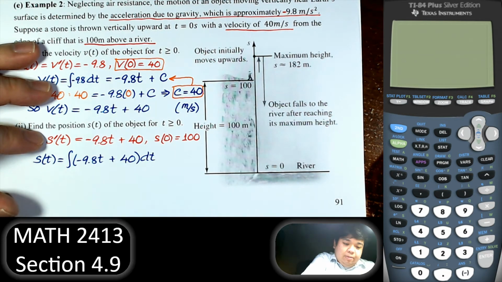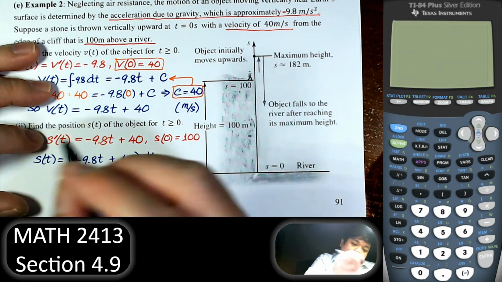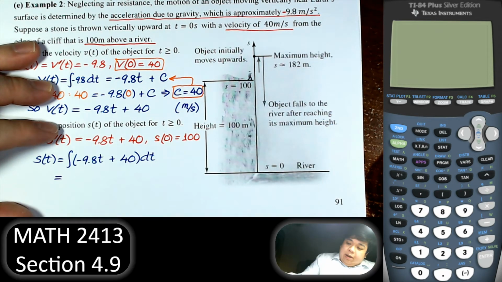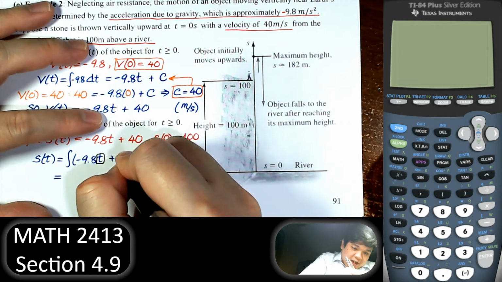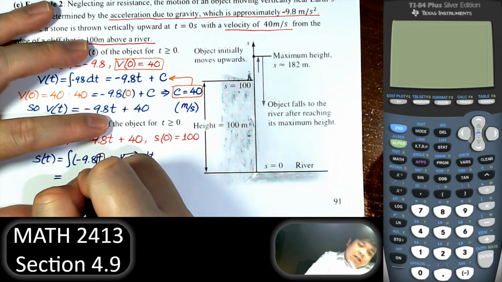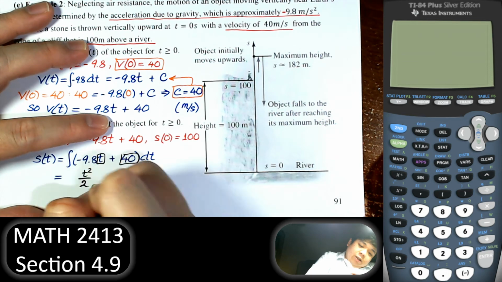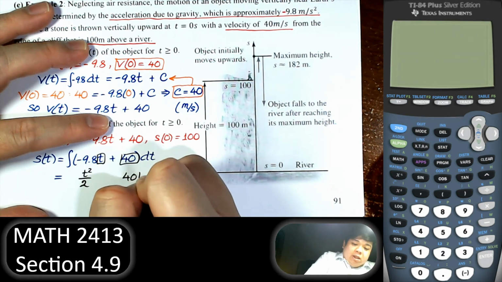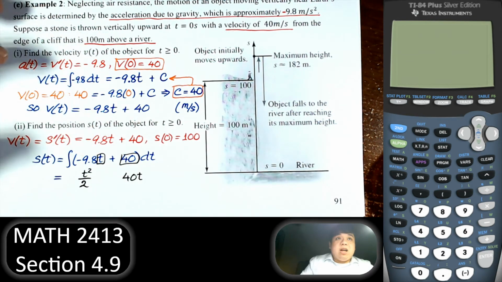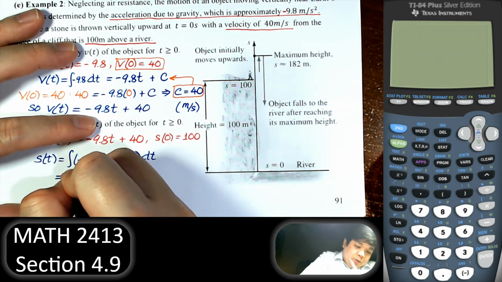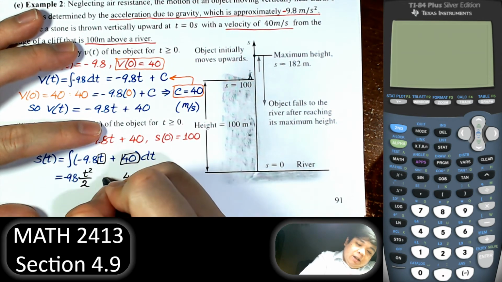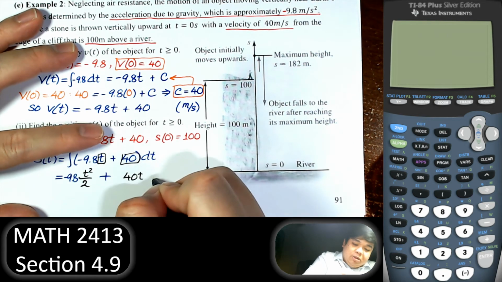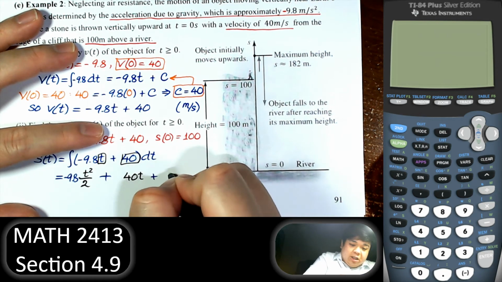Now the power rule: for t, it's t squared over 2, and we have negative 9.8 times that, and then plus 40 times t, of course plus the constant c.